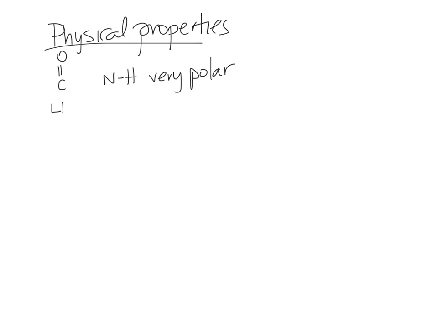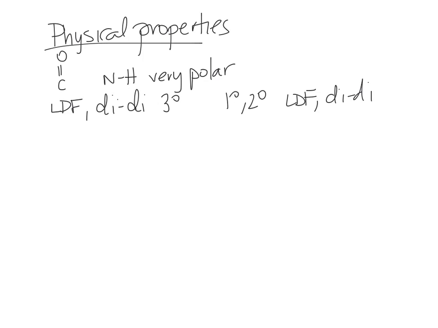So you've got London dispersion forces, dipole, at the very least if you're tertiary, and if you're primary or secondary, you also have hydrogen bonding because of that NH group. So we've got high boiling points because these forces of attraction are quite strong.